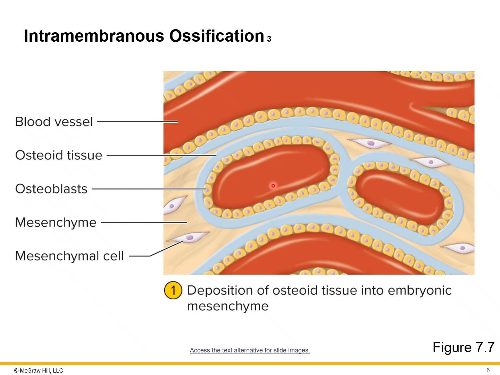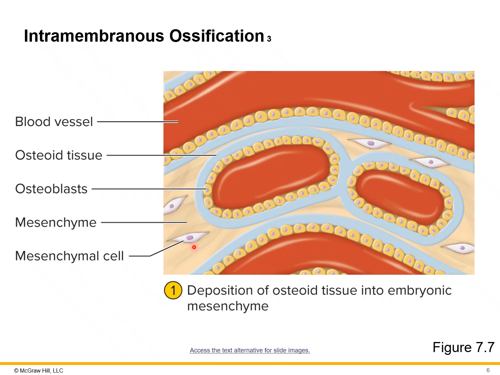So these blood vessels are lined with osteoblasts, those cells that build bone. And then there's going to be a layer of osteoid tissue because these blasts are bone builders. And then we have some mesenchyme cells, which are represented by these kind of ovals, and they are in this mesenchyme.